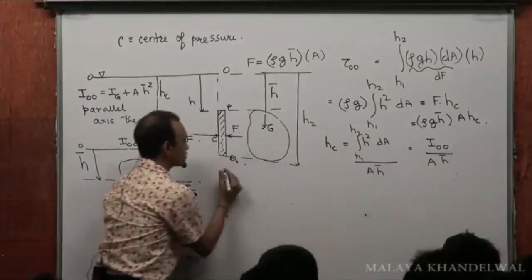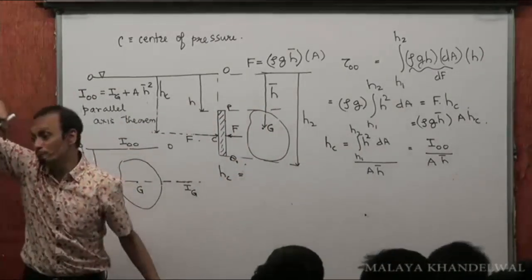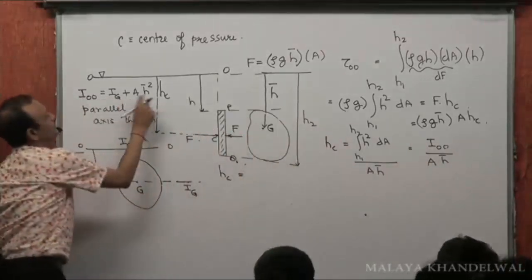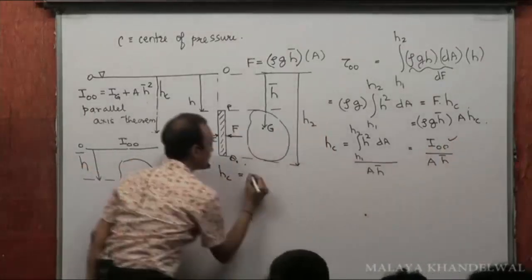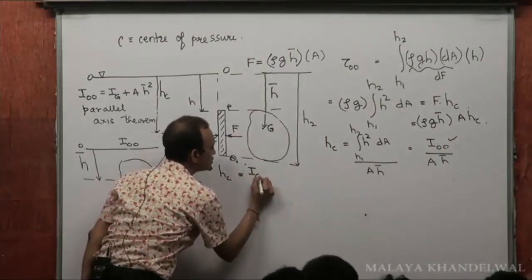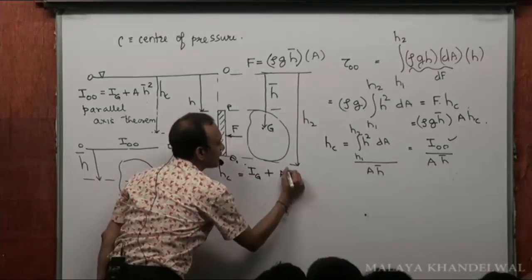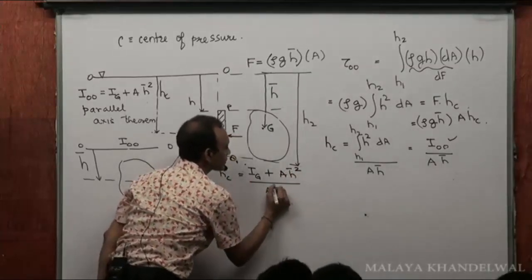So, HC, which is my point of interest, the depth of the center of pressure: IOO to be replaced by IG plus A H bar squared. IOO from the parallel axis theorem is going to be IG, I about a parallel axis passing through G, plus A H bar squared, divided by A H bar.